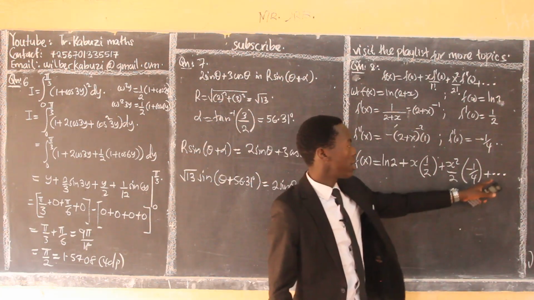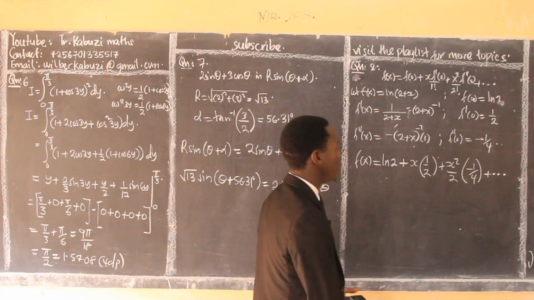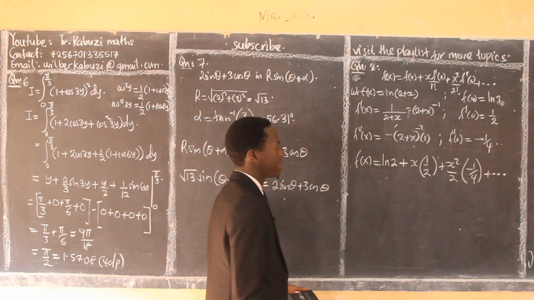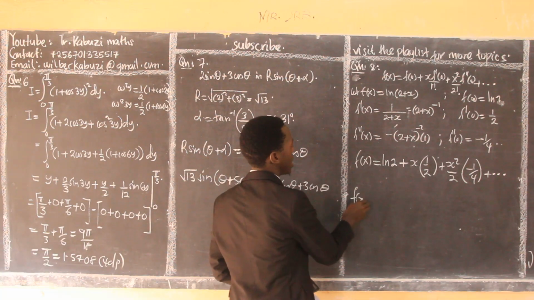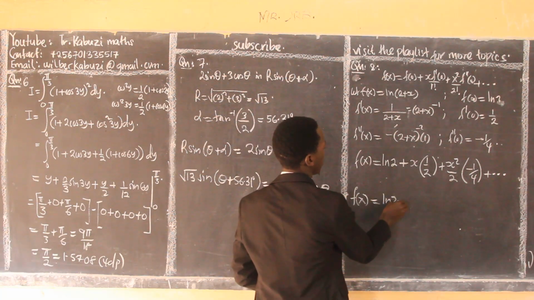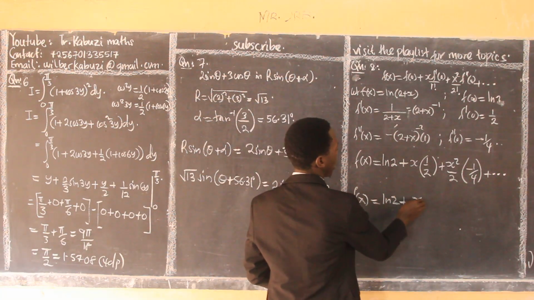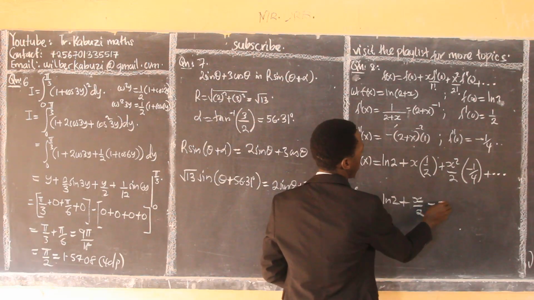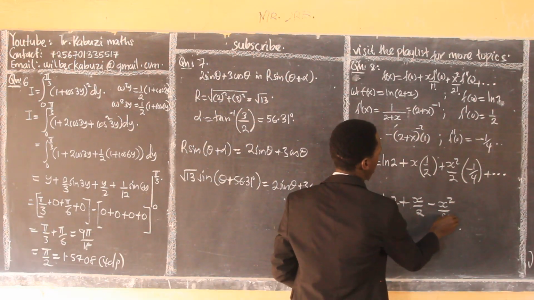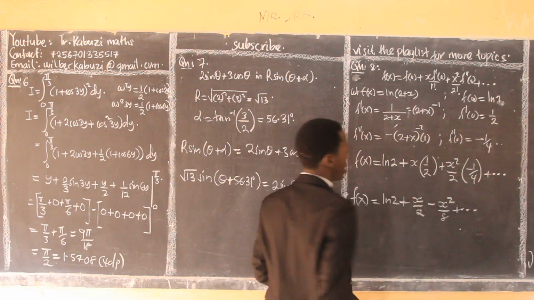Always include this, because if you don't, it means that your function is exact, and that's why you are going to be denied the marks. So you have to put the 3 dots always. So plus x over 2 minus x squared over 8 plus other terms there.